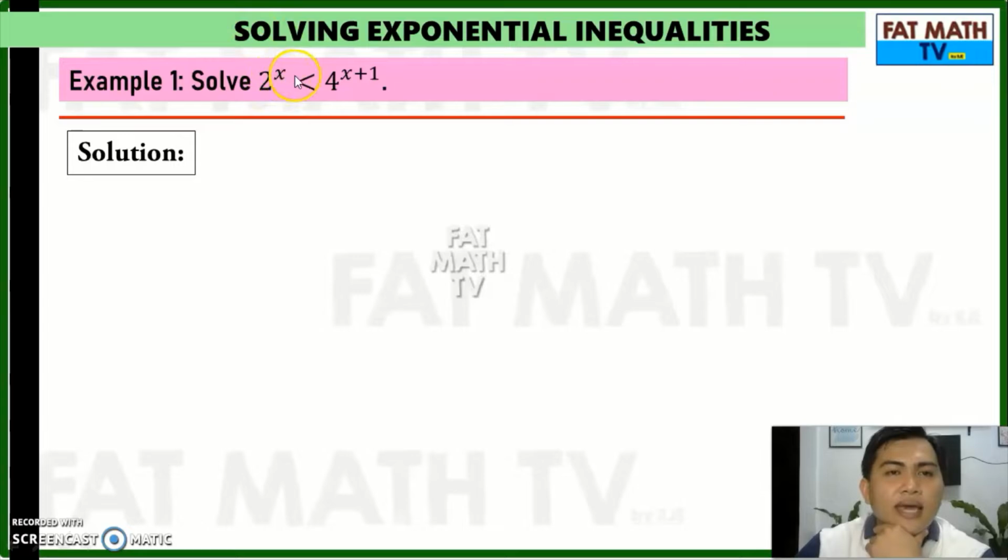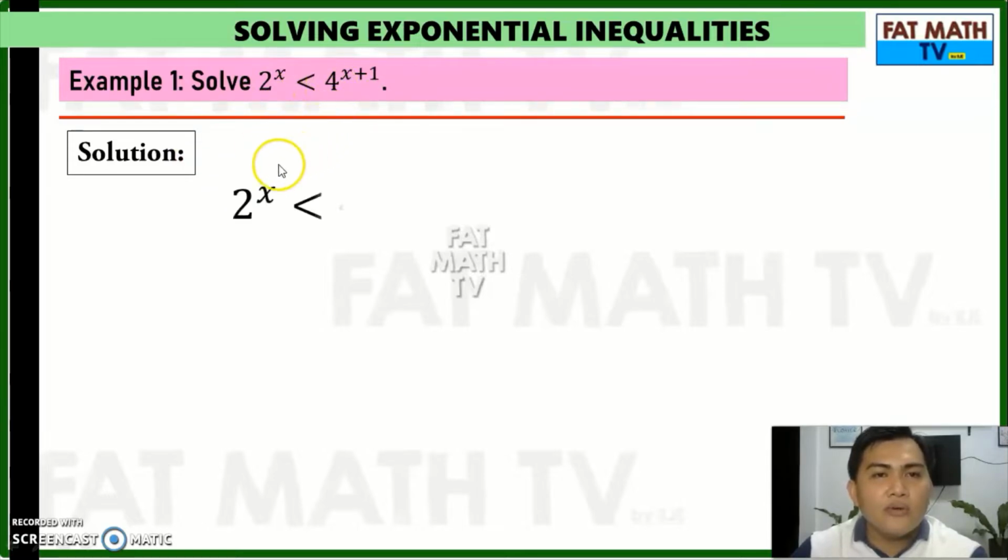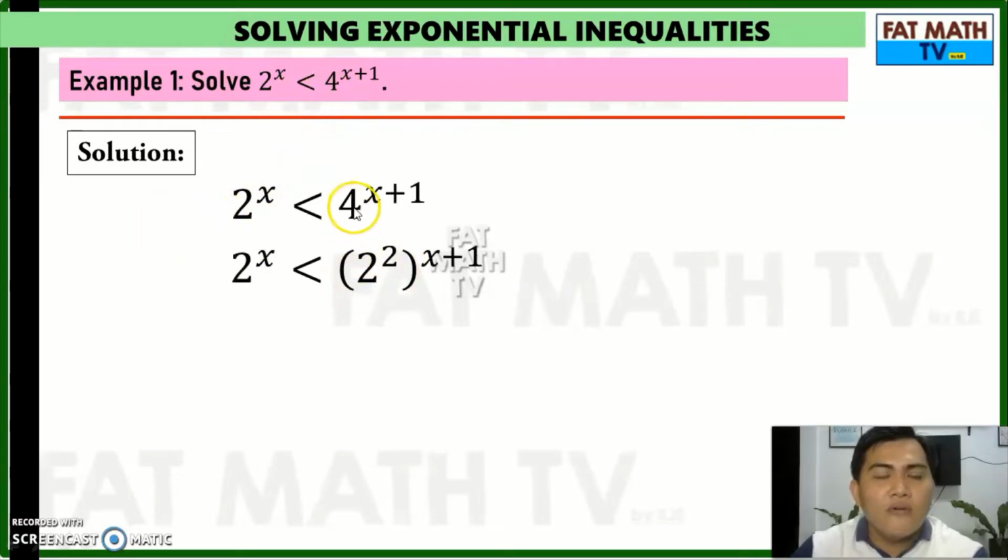Solve 2 raised to x is less than 4 raised to x plus 1. We should write these two with the same base. 4 is a power of 2, so we write it as a power of 2. 4 is 2 squared, so using the property of exponents, we multiply 2 with x plus 1.